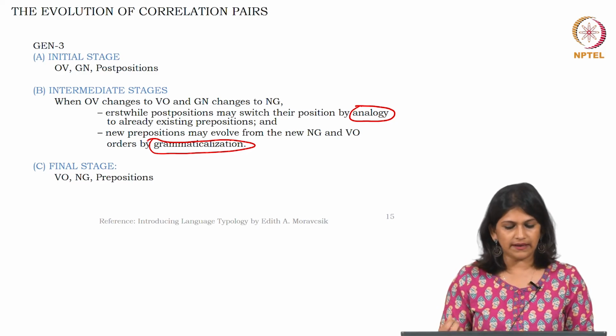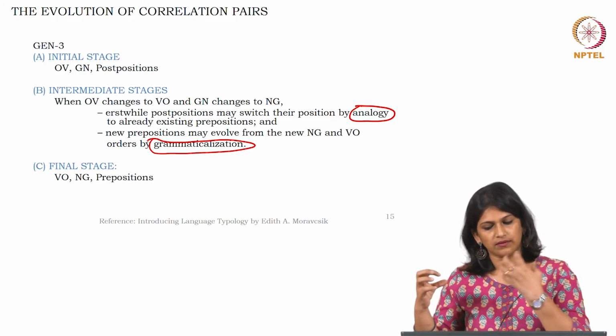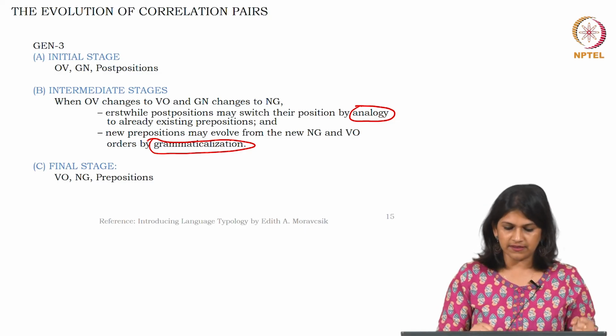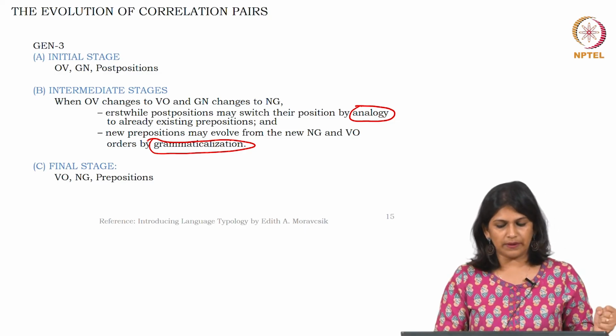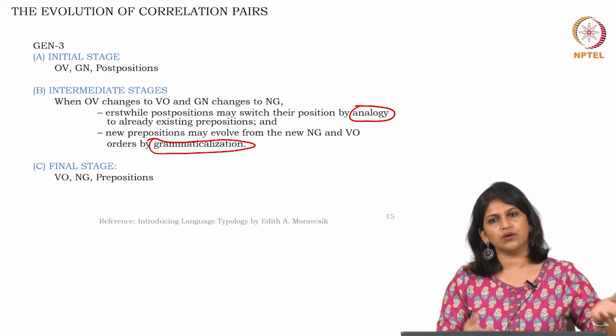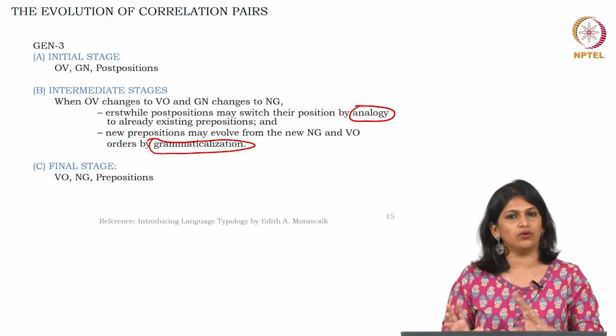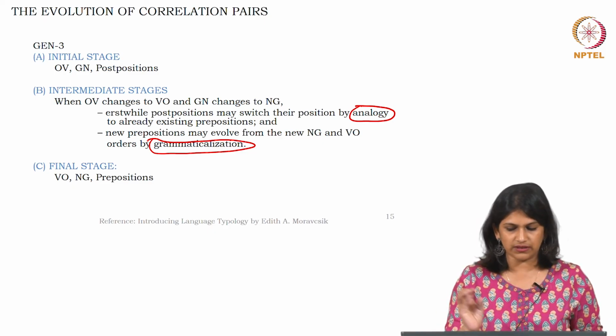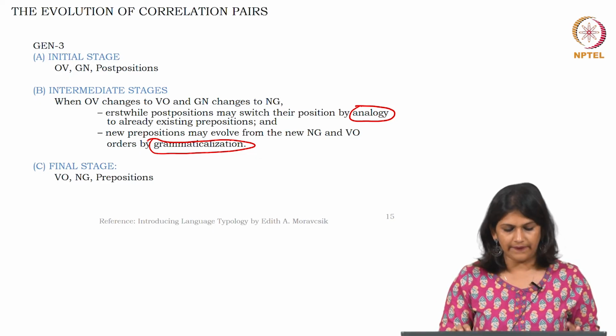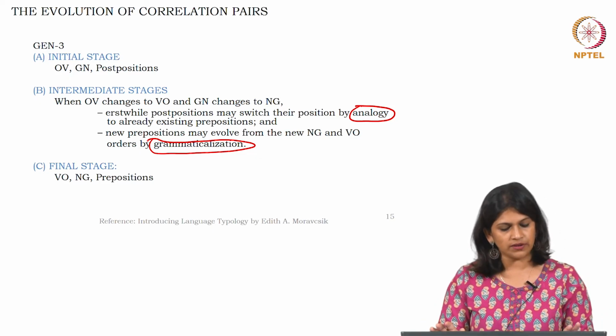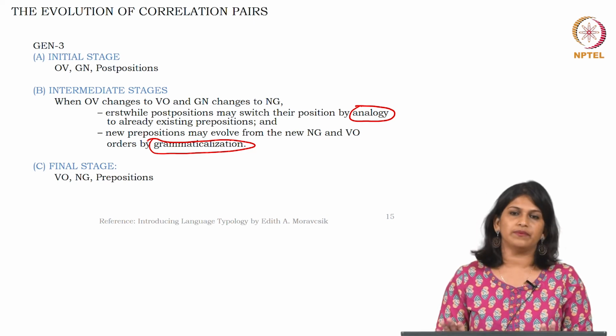So, either of the ways, these are the two reasons why we see the intermediate stages. Because of the analogy, the postposition becomes preposition. Because of the grammaticalization, new prepositions may evolve from new NG form or new VO order, it depends. So, these two are the conditions by which the intermediate stages happen. And finally, what is the final stage? The VO, NG and preposition.